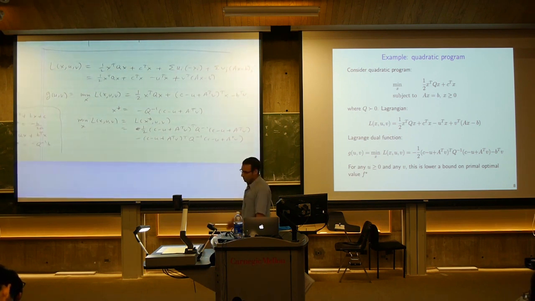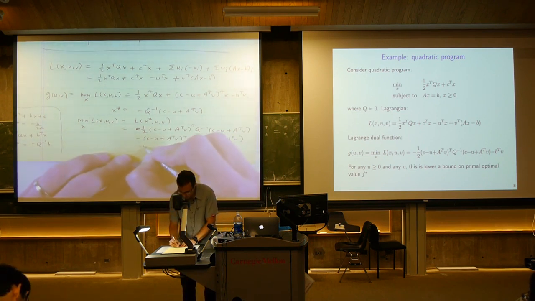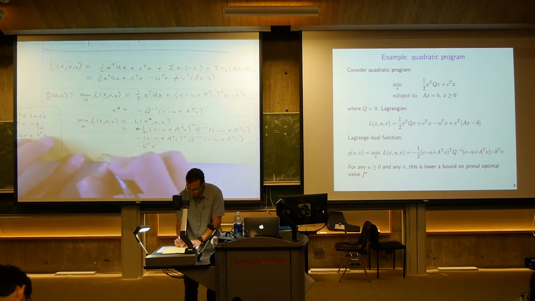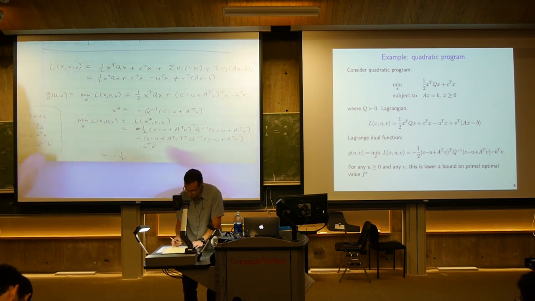And then I have that leftover piece, just minus b transpose v sitting around. And so you can see I have a half of a quantity minus the same thing. So it ends up just being minus 1/2 times this quadratic, (c minus u plus A transpose v) transpose Q inverse (c minus u plus A transpose v), minus b transpose v.